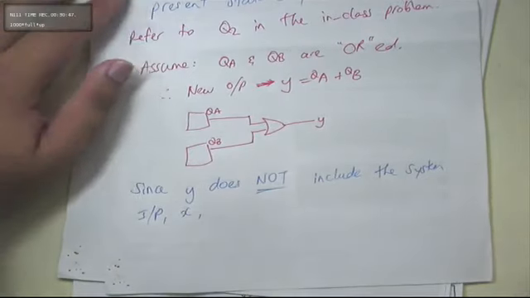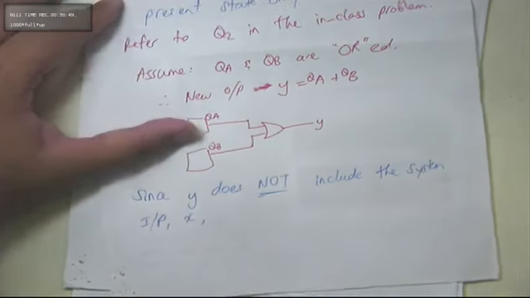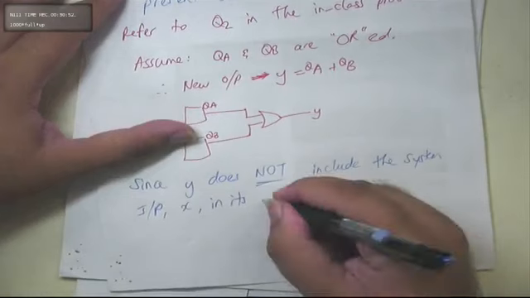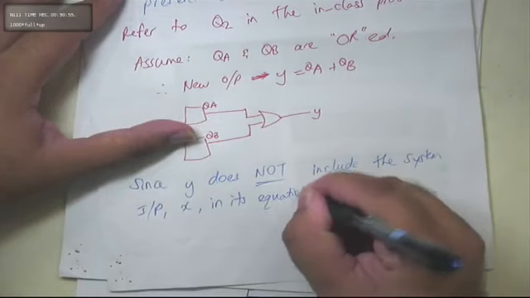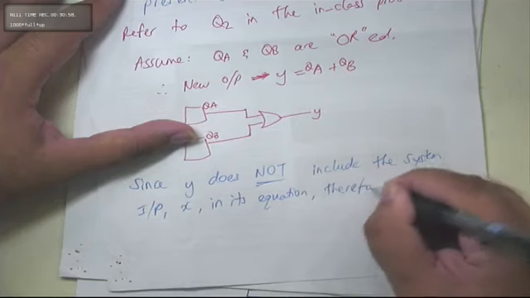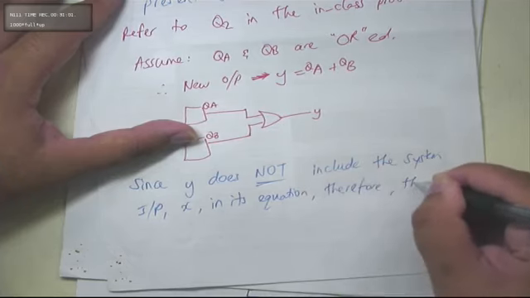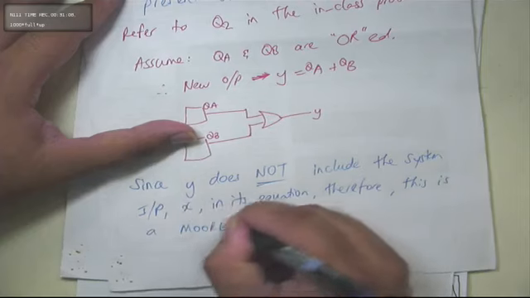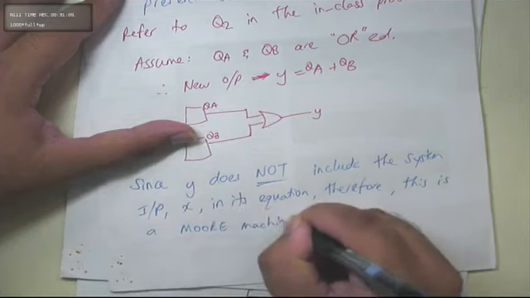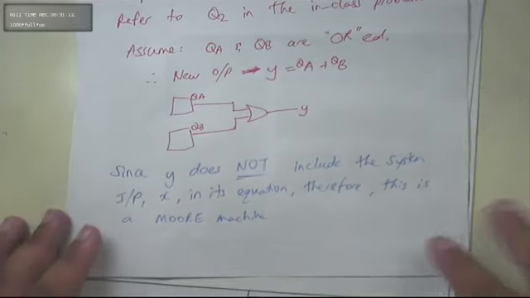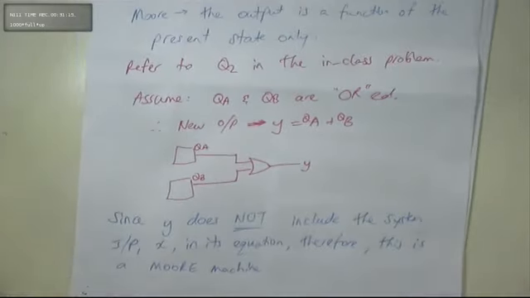Since Y does not include the system input in its equation, therefore, this is a Moore machine. All right? Okay? So everyone got the picture over here?